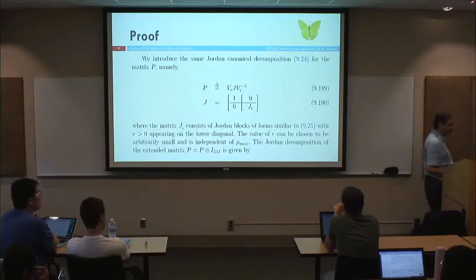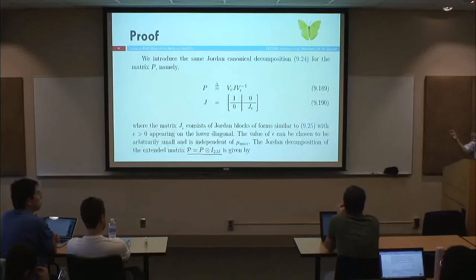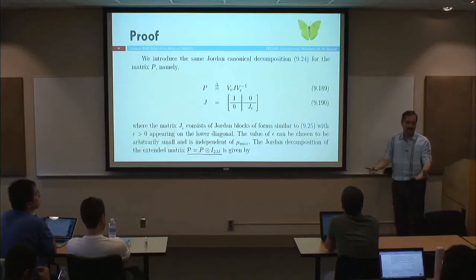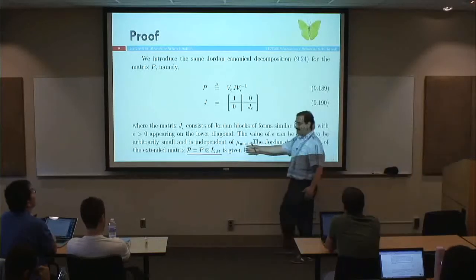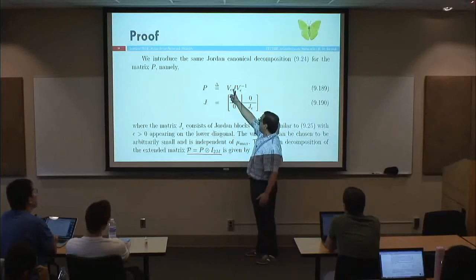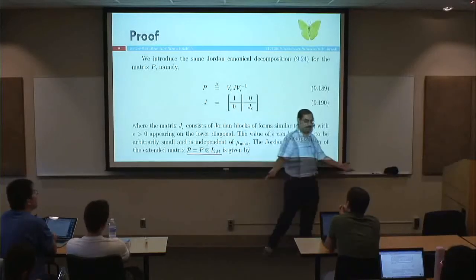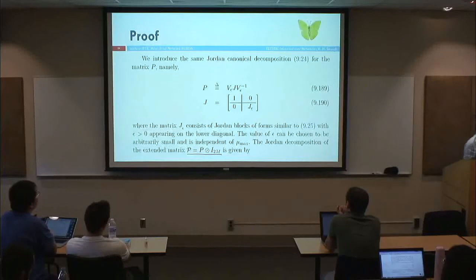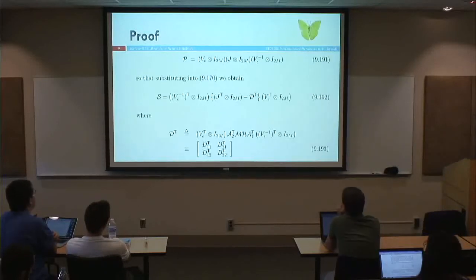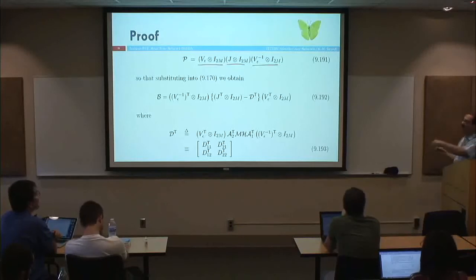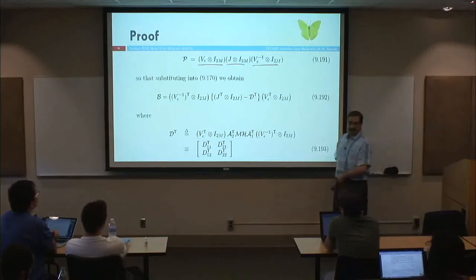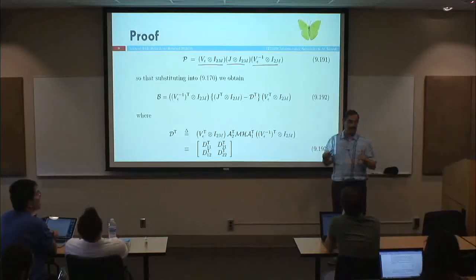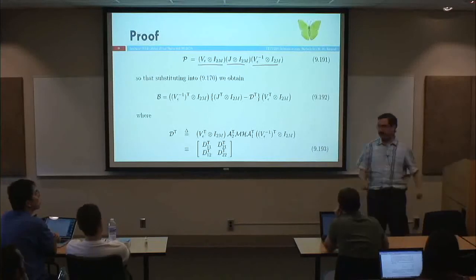Now the calligraphic P, because in all our expressions, calligraphic quantities appear, is just a Kronecker product. So from this decomposition, I can get the corresponding decomposition of P, which I did last time. Here it is. You just extend them. Again, calligraphic products. This is the Jordan decomposition for P. I did all of this last time. I'm just reminding you.